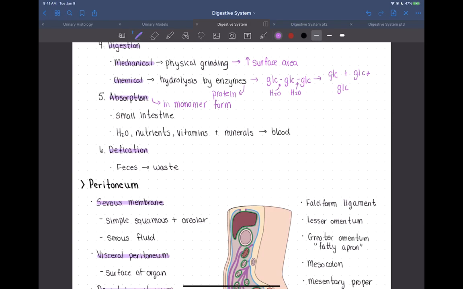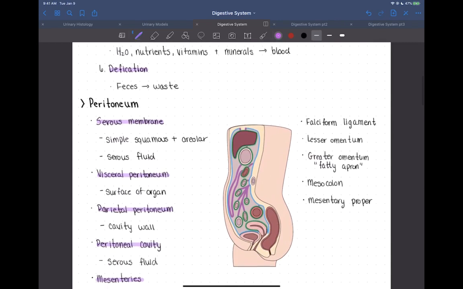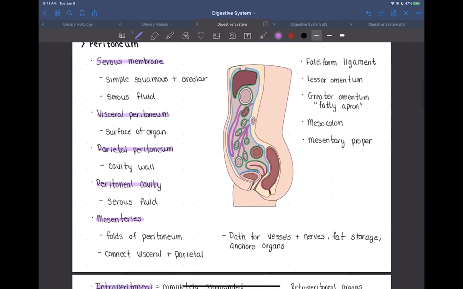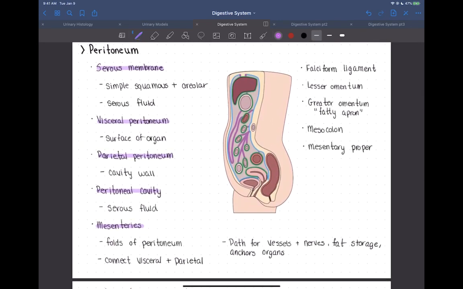Okay. So before we talk about histology, I want to talk about peritoneum for a minute. All right, and so there's several important membranes within the digestive system that we're going to discuss. And so peritoneum, just to review, is made up of a serous membrane.